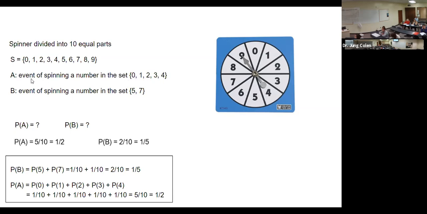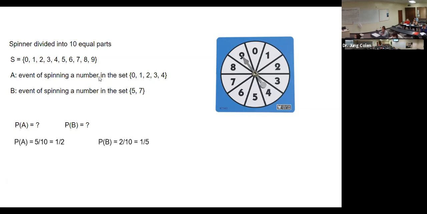In this case, events A and B don't have any overlapping part. Is there any number that's in event A and B? No, 5 is not there, 7 is not there, 0 is not here, and so on. So there's nothing overlapping. If you think about it from Math 137, there's nothing overlapping.